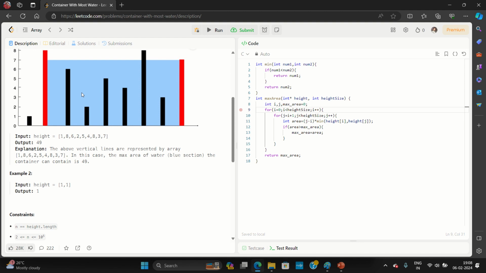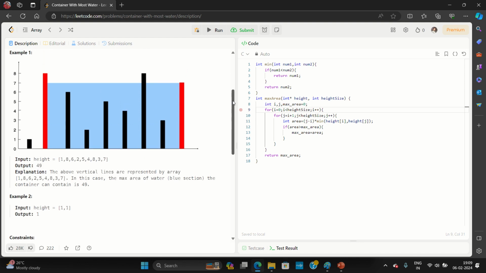Big O of log n usually happens where we proceed with a continuous division or a continuous multiplication. Continuous division is not possible here, because we can't divide this array and compare, as the portion from where we divide the array may contain the two slabs that have the maximum area. So big O of log n is not possible.